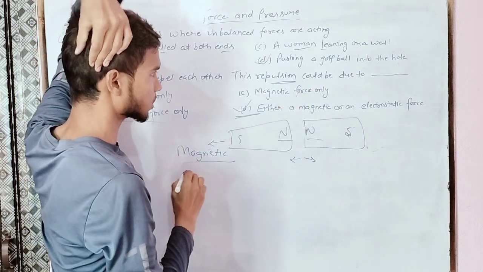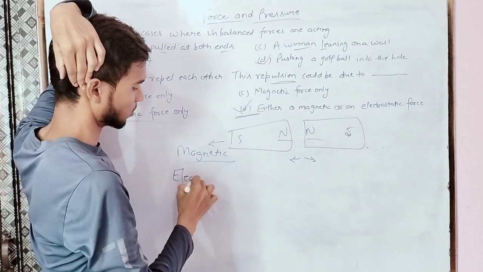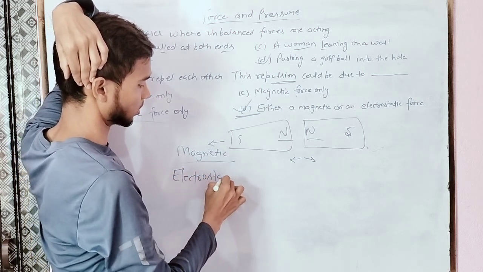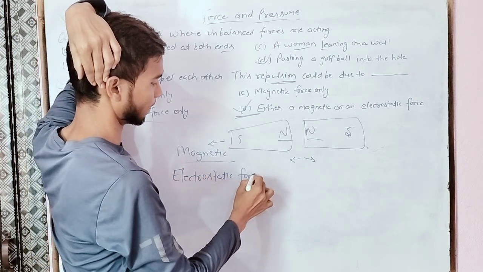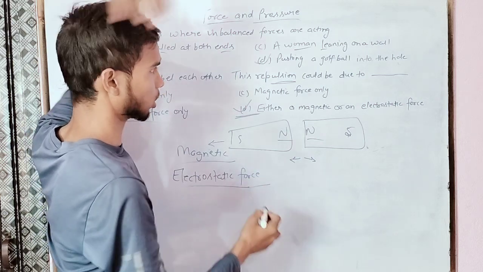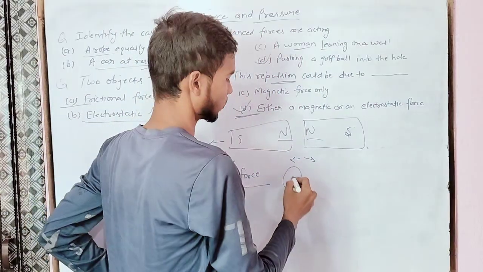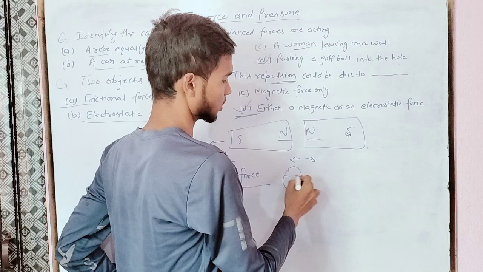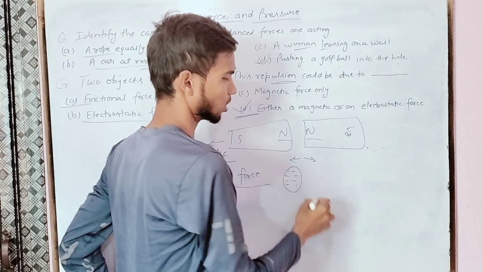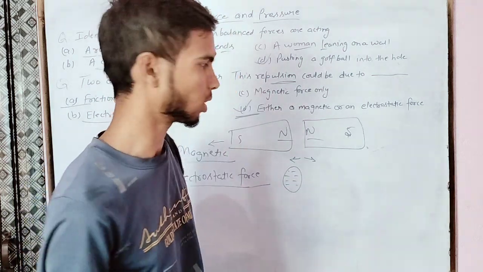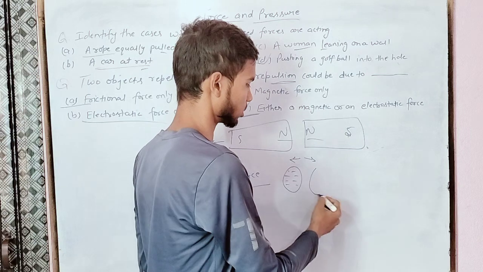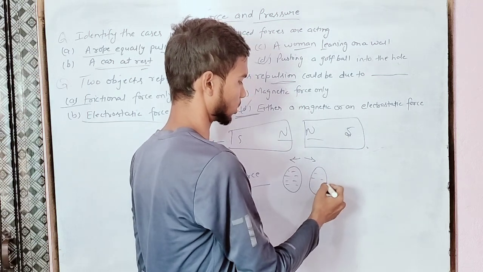Now what about electrostatic? Look, let's say this is minus. These are electrons, these are also electrons.